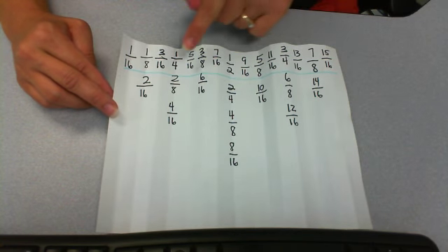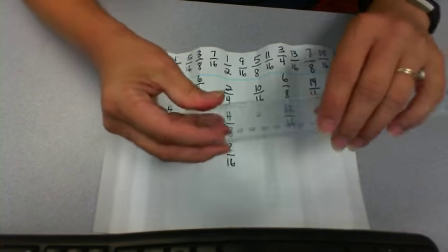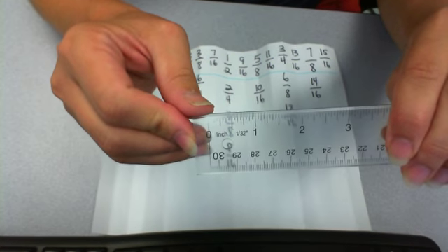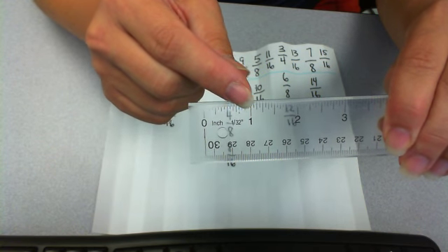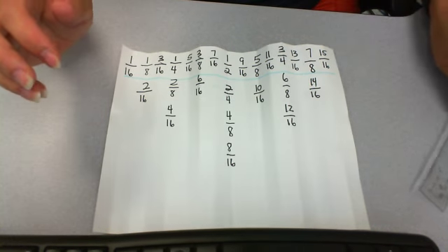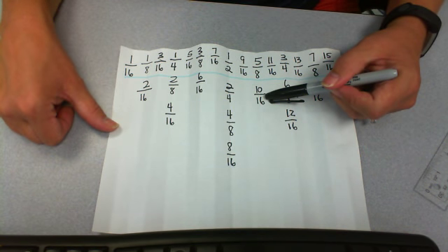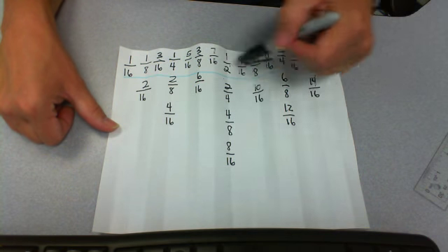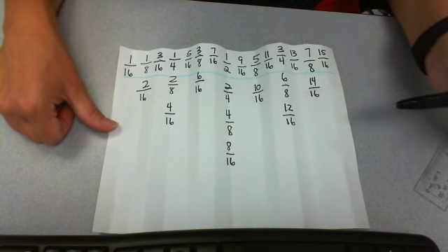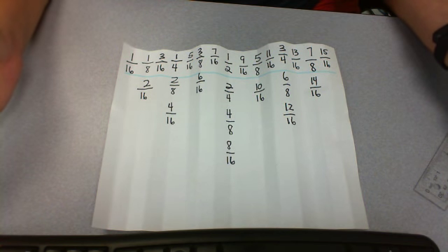If you have to count your lines on your ruler, if you have to count these individual lines out of 16, that's okay. If you count and you get to 10 out of 16, know that you have to reduce it to its simplest form. This tool can help you in reducing to its simplest form if you have to count each individual line.